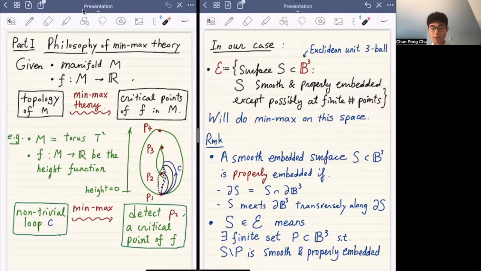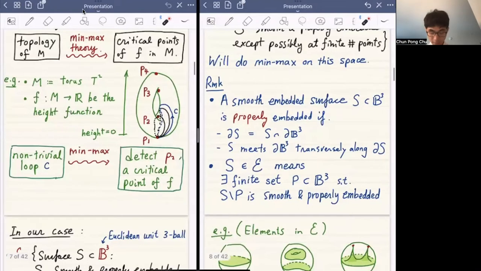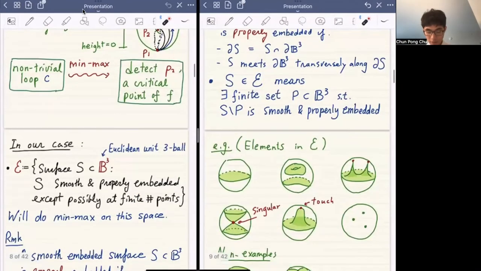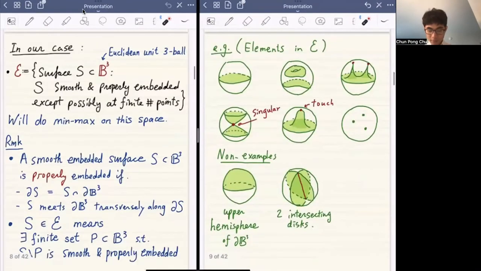So these are the elements of the space E. We can look at some examples, right? This is an example of an element in E because it is smooth and properly embedded. This is also one. This is also an example because although it has singular points, there are only finitely many of them, so it is allowed.